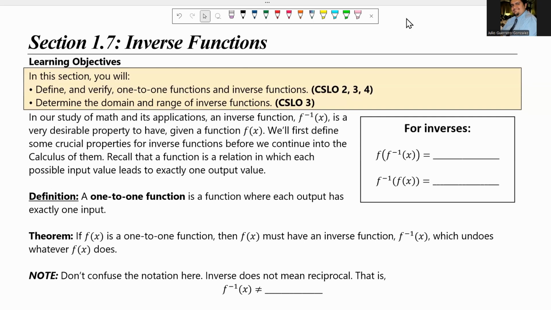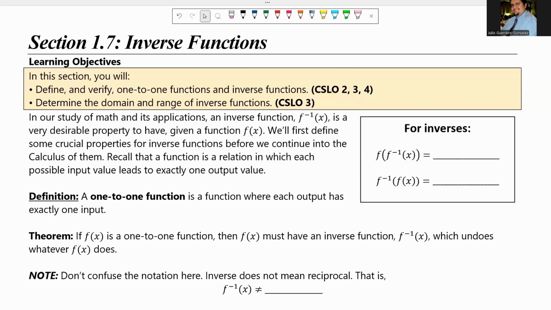That function is what we call an inverse function. Essentially, an inverse function is a function that undoes something that another one does. In this section, we're going to cover the definition of it, some smaller little things for it, and in particular, how to find an inverse function.